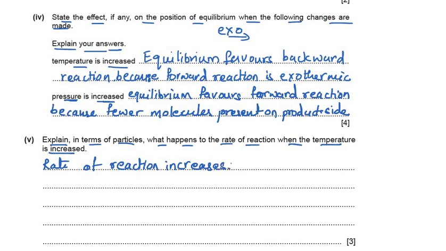Now if we explain in terms of the energy of the particles, we can say that on increasing the temperature, the particles gain energy, or the particles have more energy. And so what happens is that the number of particles having the activation energy increases.